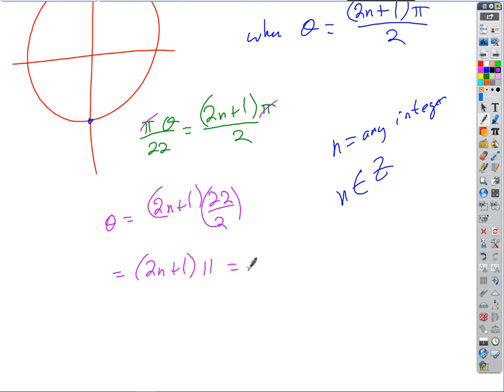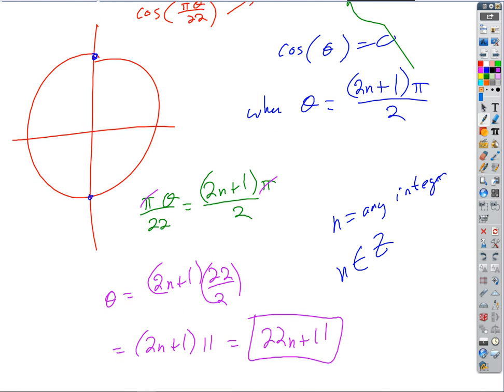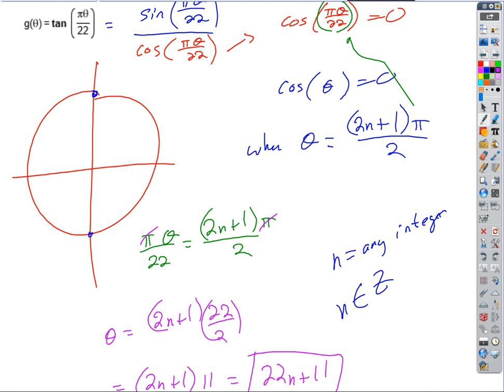Which is just equal to 22n plus 11, where n is any integer. Okay? Make sense? So that's the answer.